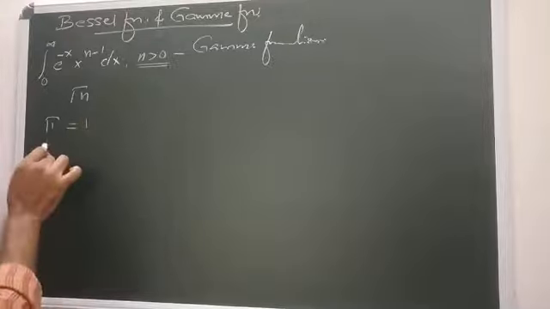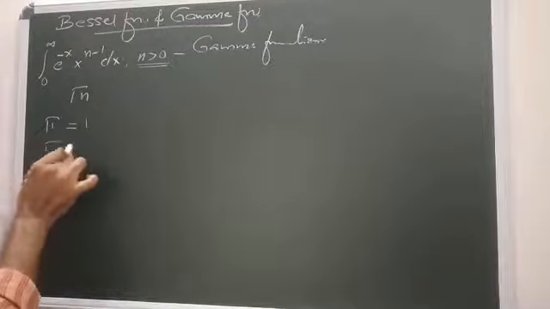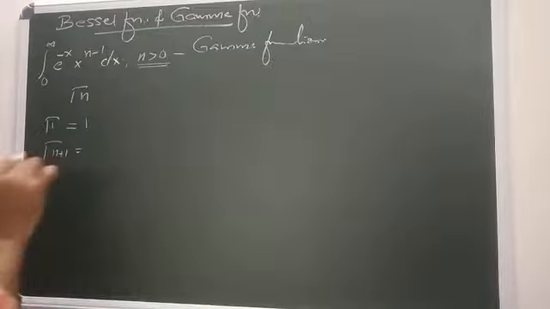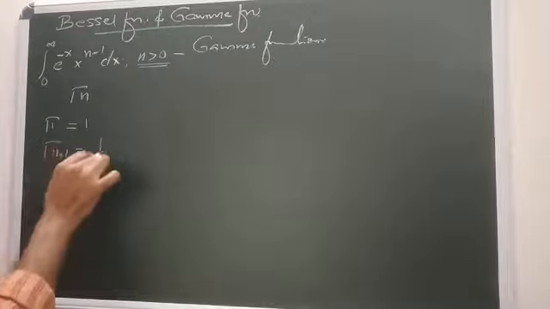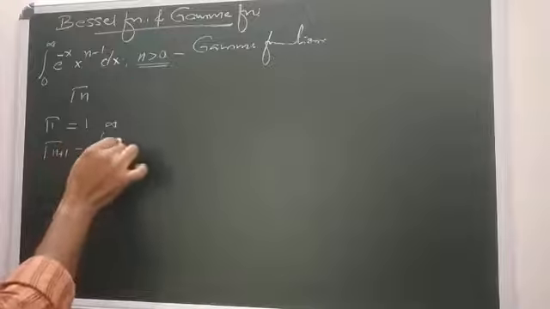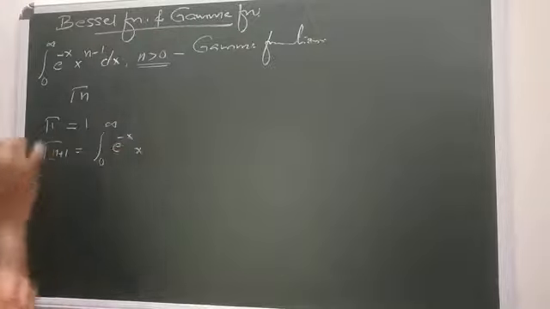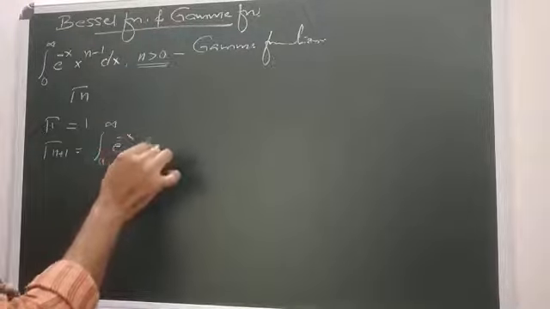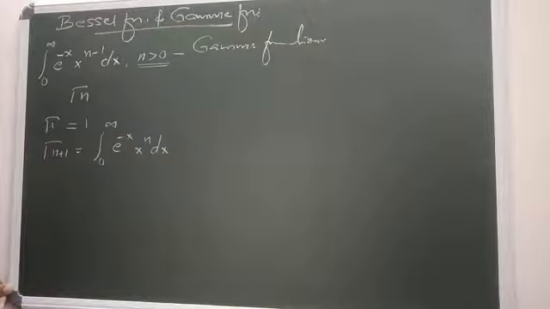And what is gamma n plus 1? We know that gamma n plus 1 is integral 0 to infinity e power minus x, x to the power n plus 1 minus 1, meaning x to the power n dx.